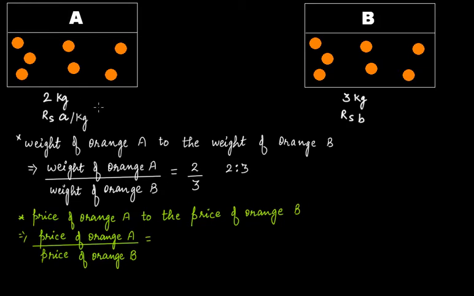That is, for 1 kg it is rupees A, and for 1 kg at shop B it is rupees B per kg. Okay, that was a small correction. So if the price of orange A is rupees A for 1 kg, and 2 kg is being sold at shop A, then for 1 it is A, for 2 kgs it will be 2 times A. I hope that's clear. Similarly, for 3 kilograms at shop B it will be 3 times B. This is the ratio of the amount that you'll have to pay.